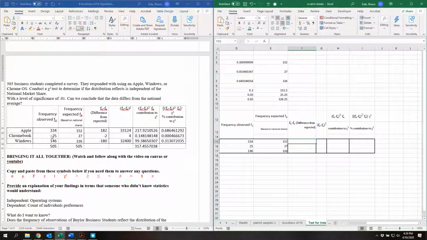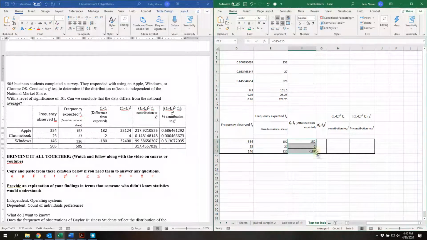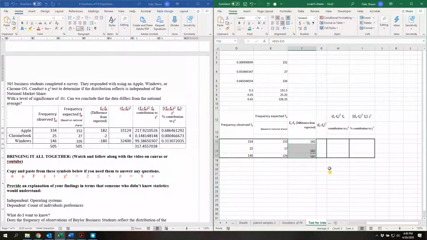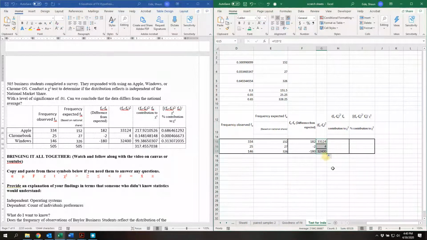In order to calculate chi-squared, we're going to take the observed frequency minus the expected frequency, and just drag that down without formatting. And then we're going to square it, and I'm going fast because we've already done this one time before, so I want to focus more time on what's unique.